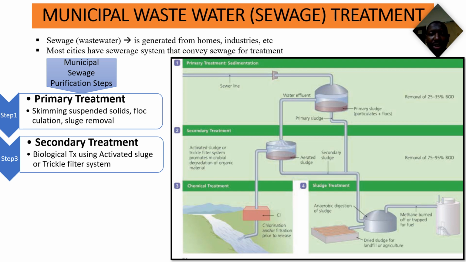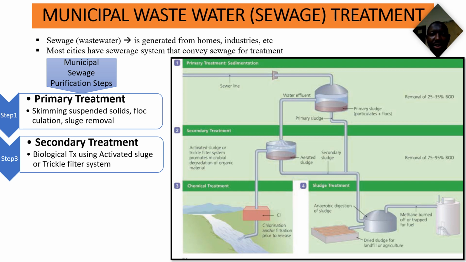In some communities, the secondary treatment is accomplished using trickle filter system. Trickle filter system is just similar to slow sand filters used in water purification process, but is generally less effective in removing BOD than the activated sludge system.